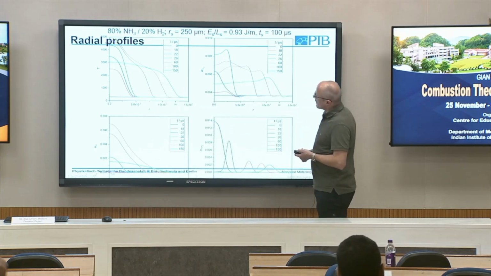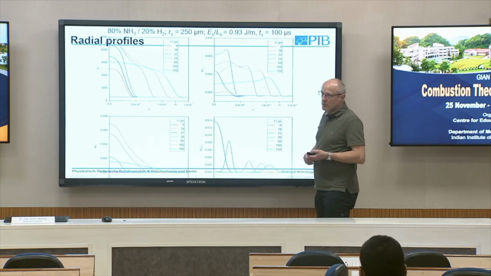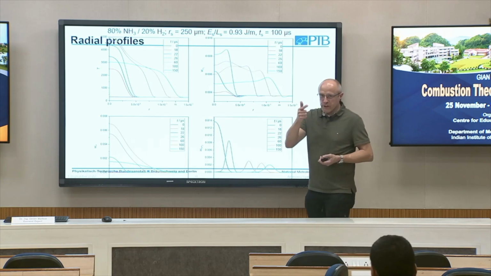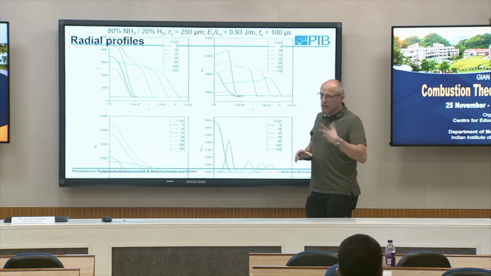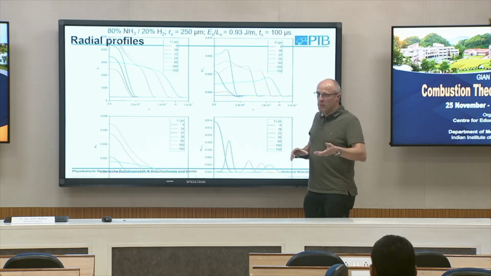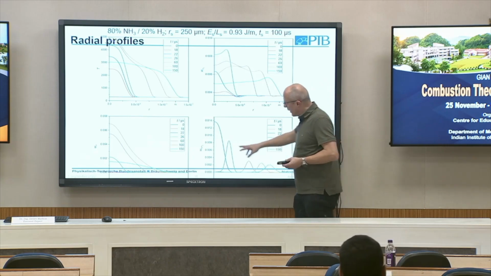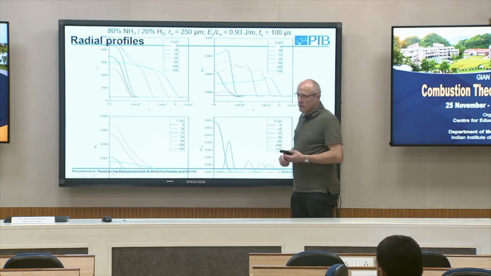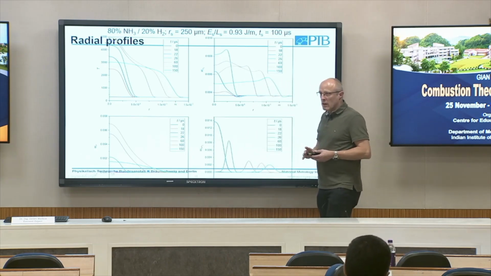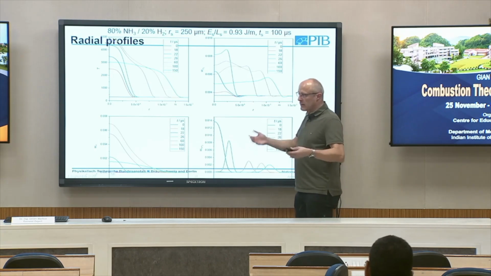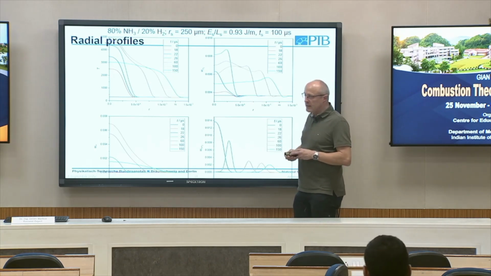And what is interesting concerning ammonia, we have talked about OH and H for the hydrocarbons and hydrogen as a flame front marker. For ammonia, NH2 is a better flame front marker because the other radicals are consumed. We cannot see them so much.